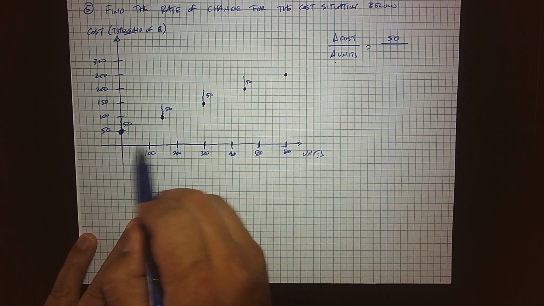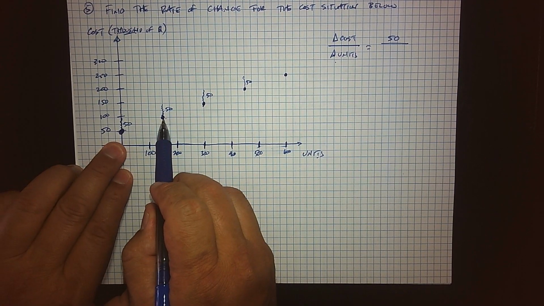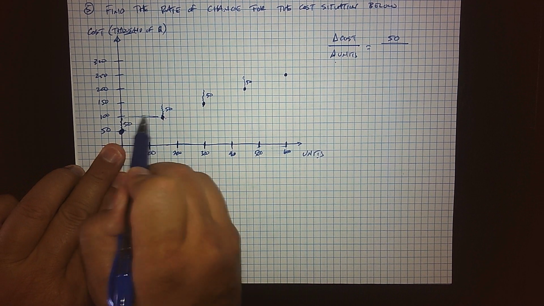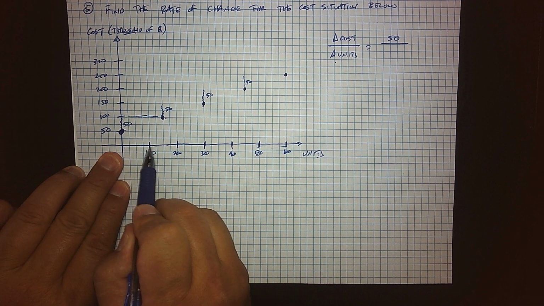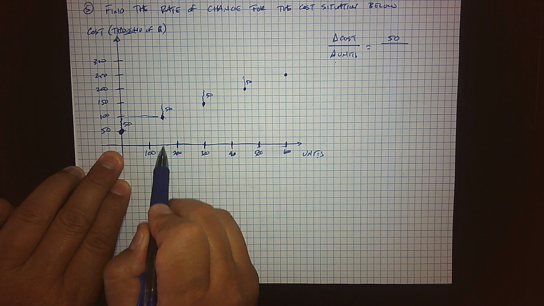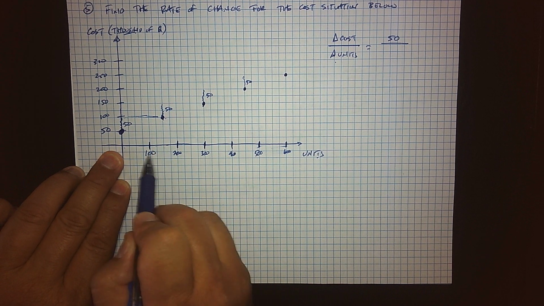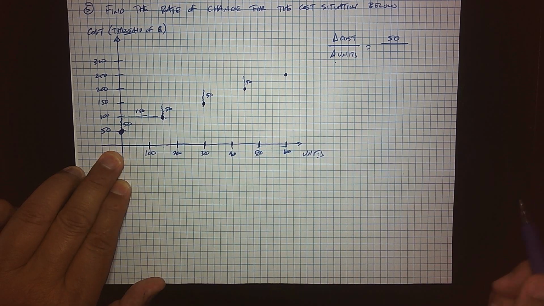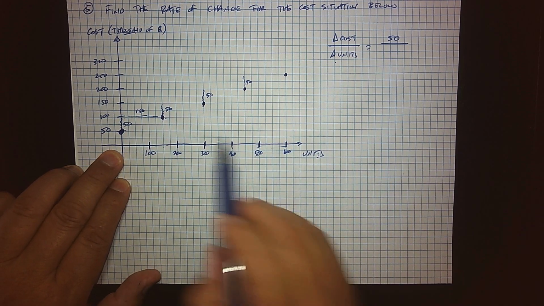If we take a look at the units, as we move from point to point, it looks like we went over 100 and a little bit more. Looking at our scale, that's about half of 100 to 200, so 150. So it looks like we moved over 150 units. Let's see if that's still the same.